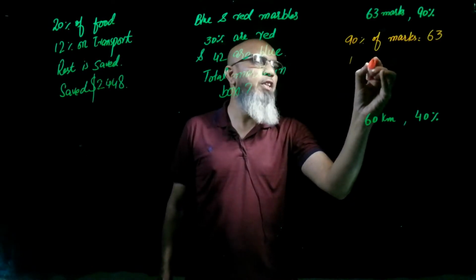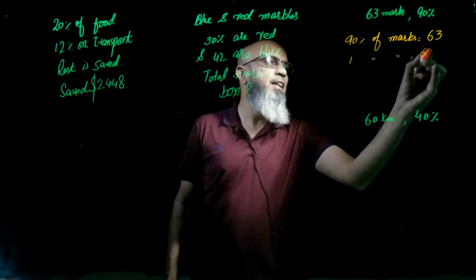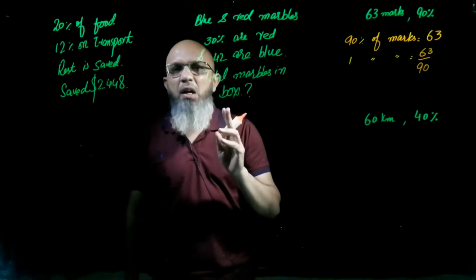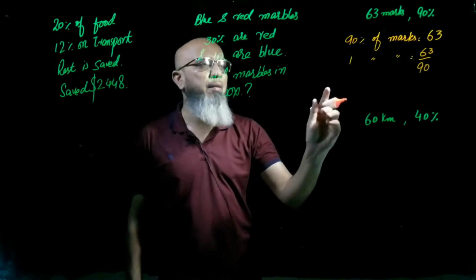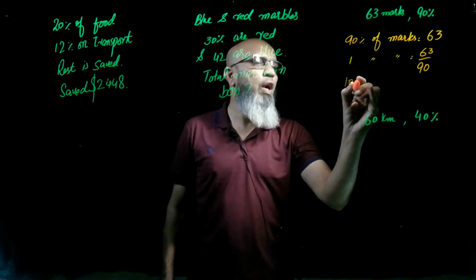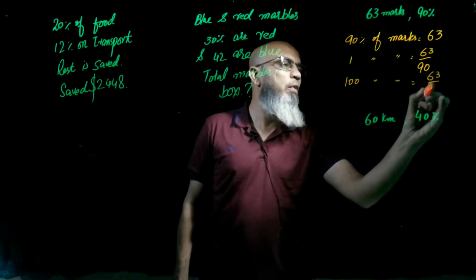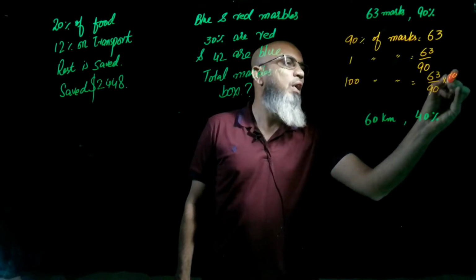So what is the 1% of the marks? That is 63 over 90, and you have to find the 100%, means we will multiply now with 100. So 100% of the marks, that is 63 over 90 into 100.